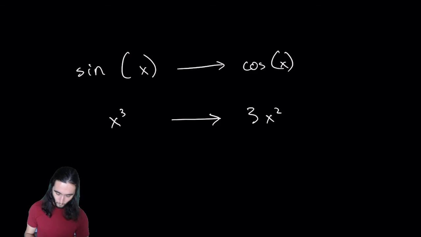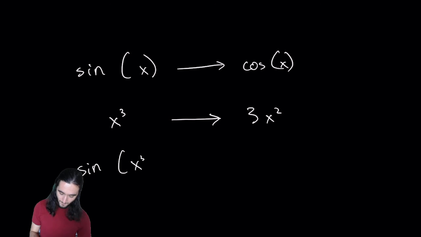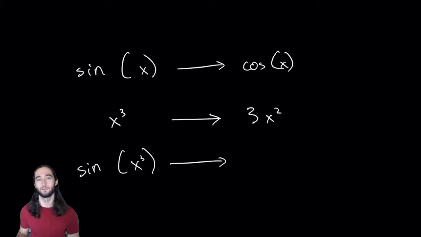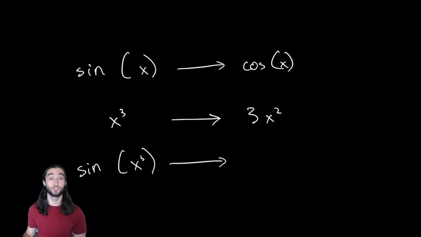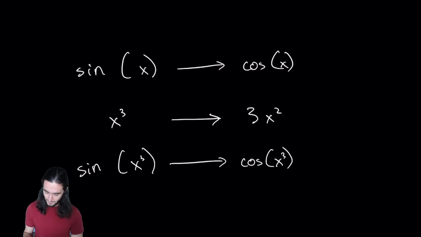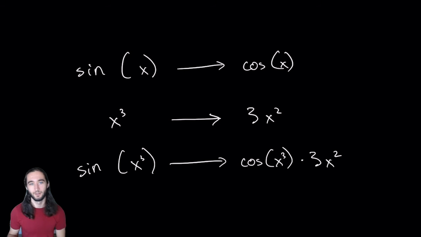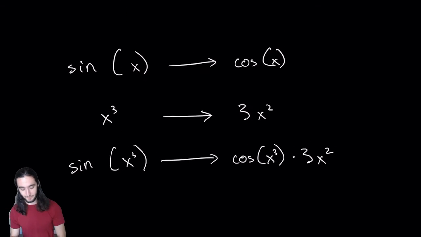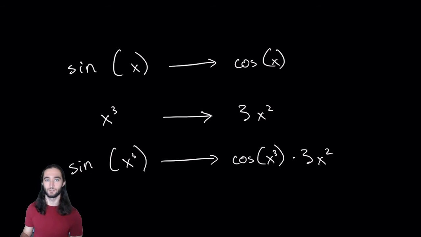So remember then, what does that mean about the sine of x cubed? What's the derivative of a function like that? Well, we have to use the chain rule, which says you take the derivative of the outer function like normal, leave the inner one alone, and then multiply by the derivative of x cubed. So the derivative of sine of x cubed is cosine of x cubed times 3x squared.